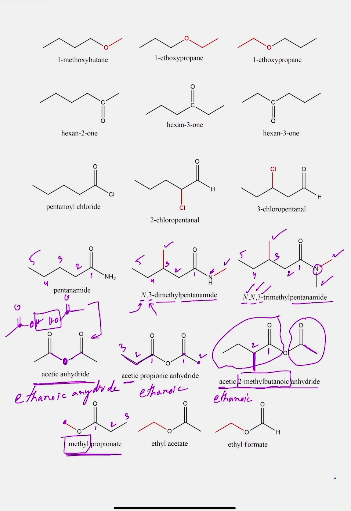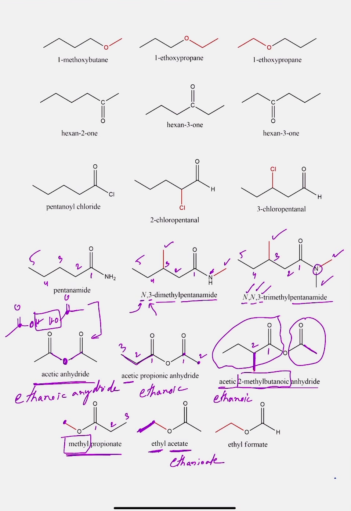Let's look at the next structure. There is an ethyl group attached, 2 carbon, so it is ethyl, and the name is acetate here, but it's also written as ethanoate. Okay, it's also called ethanoate.